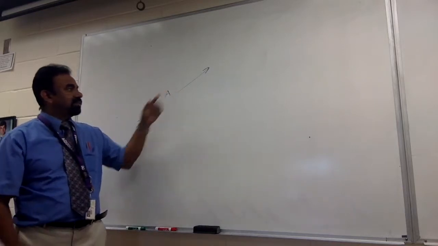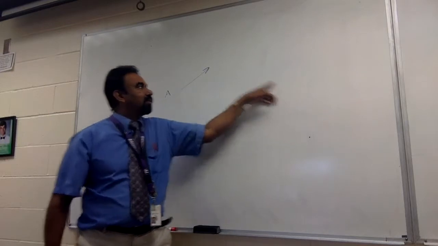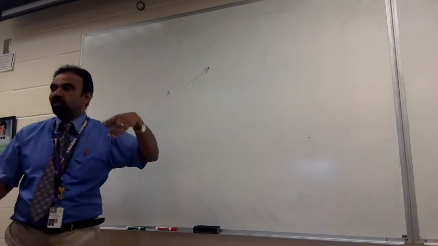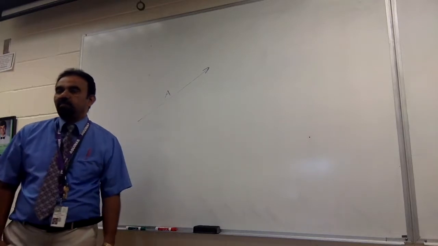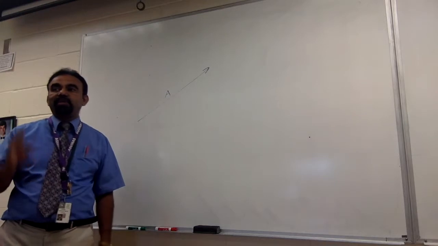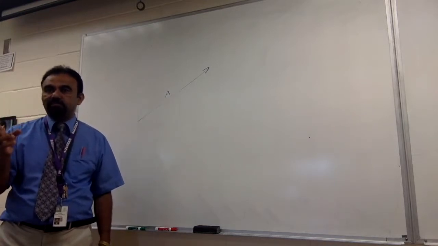Why? Because you can go from here to here and then go there. You can go from here to here and go there. You can have infinite ways of doing it. But we're not interested in all those infinite ways. We are interested in only the 2 ways which are perpendicular to each other.